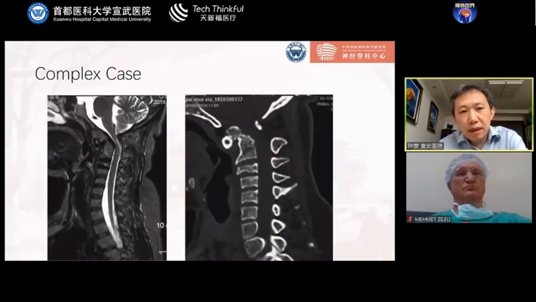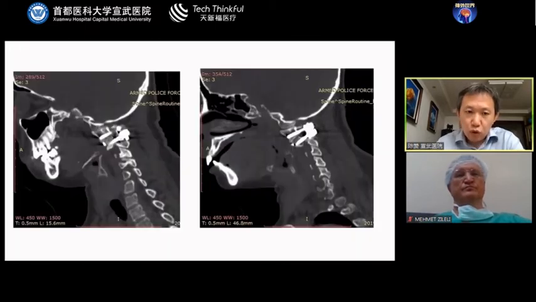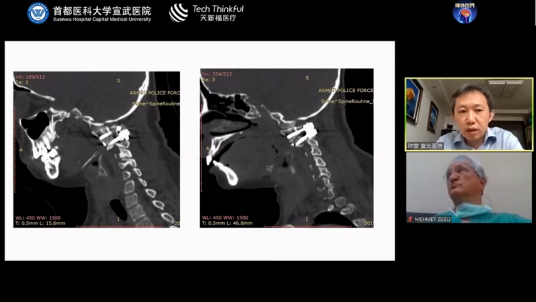There are some complex cases in Type A C1C2 dislocation. This is another case of os odontoideum, but on the facet joint we can see a lot of deformity in the bilateral facet joint. For this kind of slightly complex case, we should release the facet joint profoundly, and we place a very small cage in the facet joint.